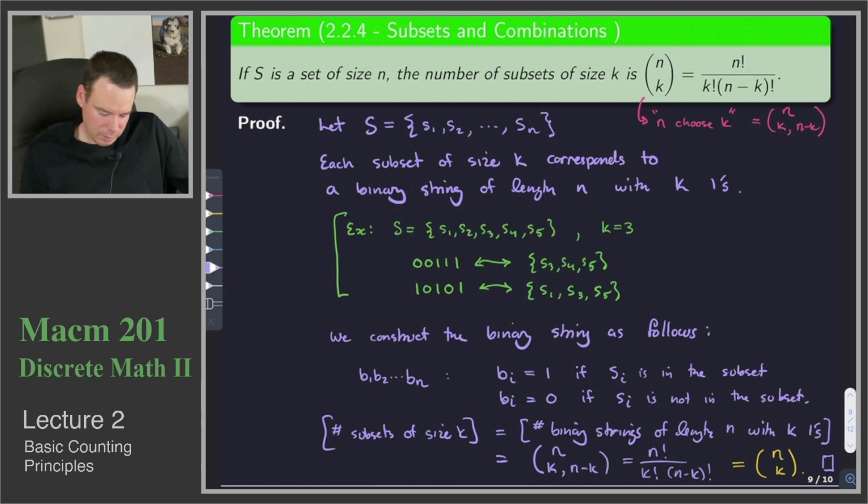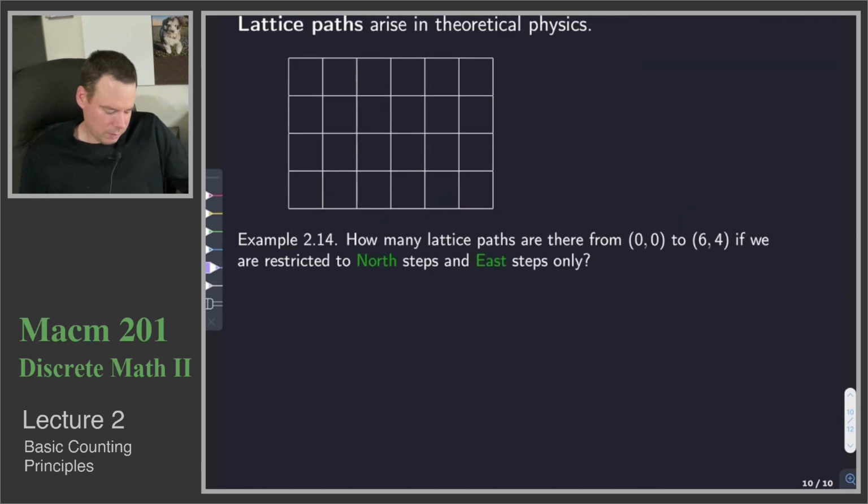All right, let's look at a final example. Lattice paths. What we want to determine is how many lattice paths there are from 0, 0 to 6, 4. The way we're measuring this, 0, 0 is here, and then there's 1, 2, 3, 4, 5, 6, and 1, 2, 3, 4, so 6, 4 is this point up here.